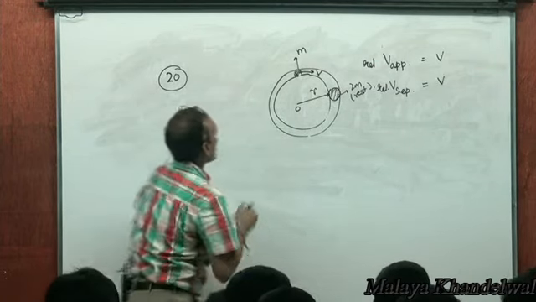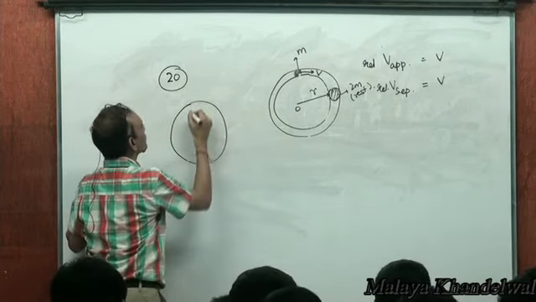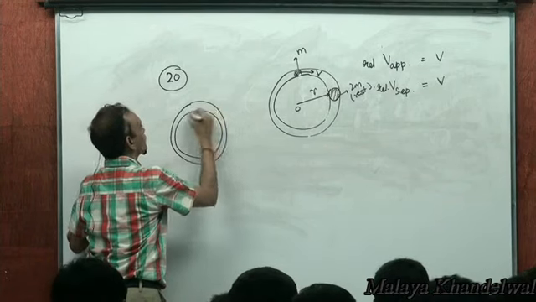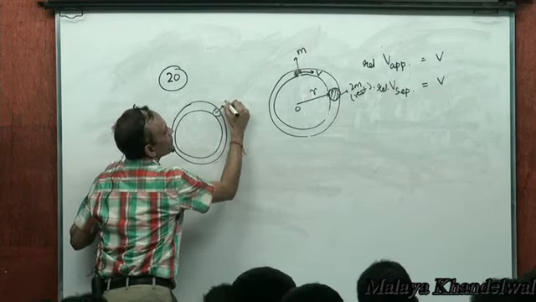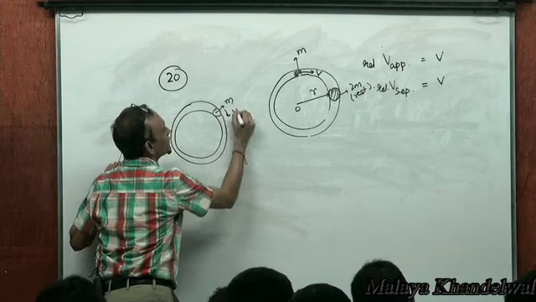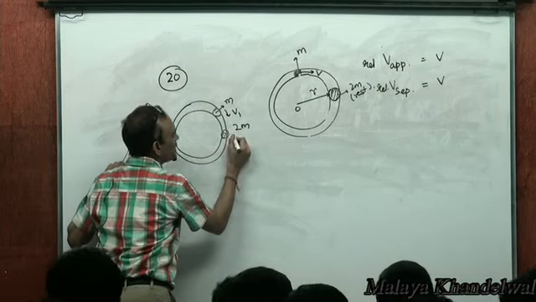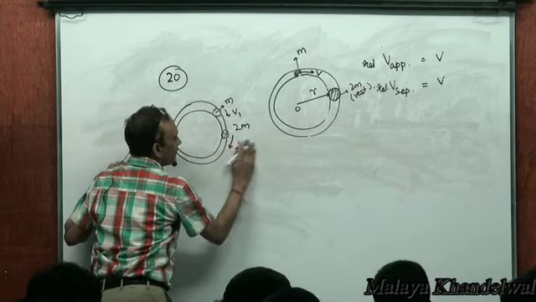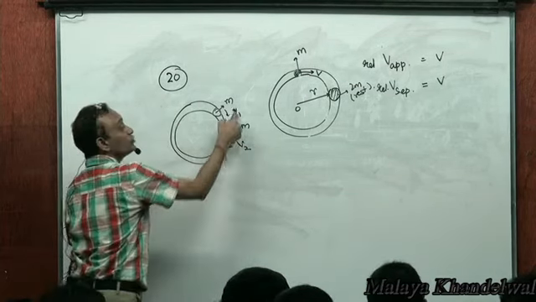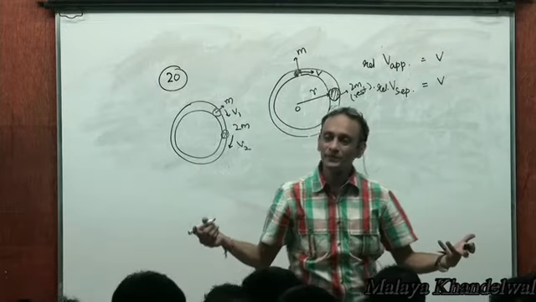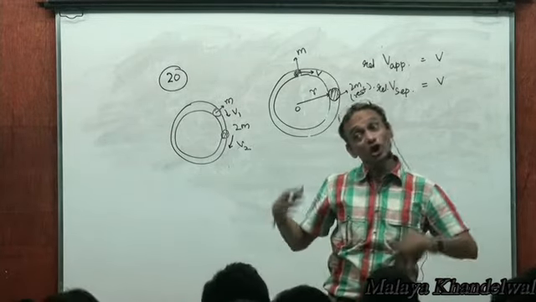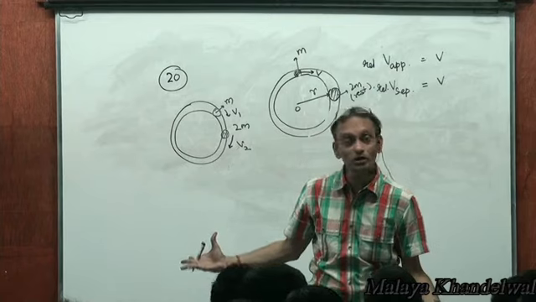After collision, suppose small m has a velocity v1 and 2m has a velocity v2 right after collision. Then do you realize that v2 minus v1 must be v? Relative velocity of separation must equal relative velocity of approach, right?